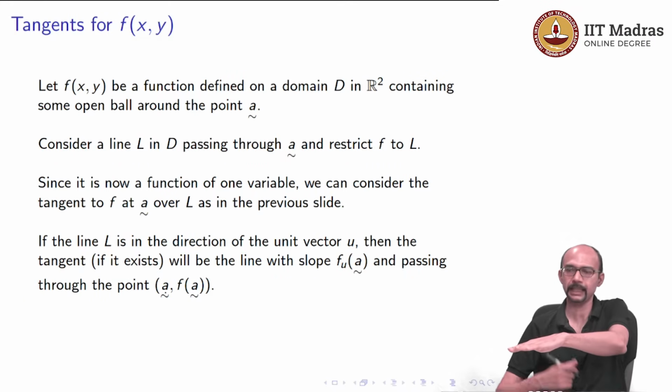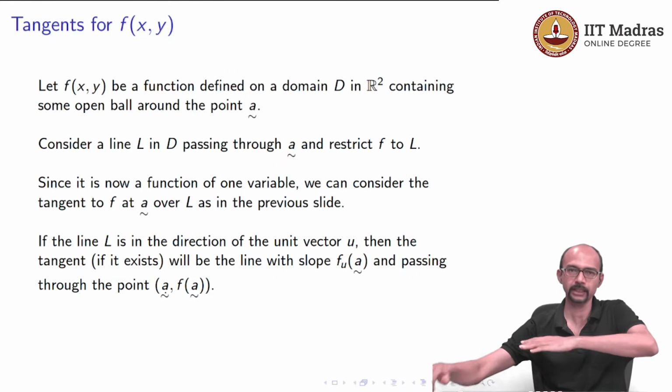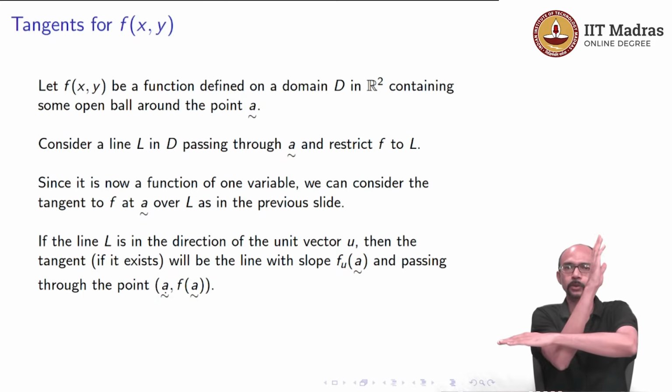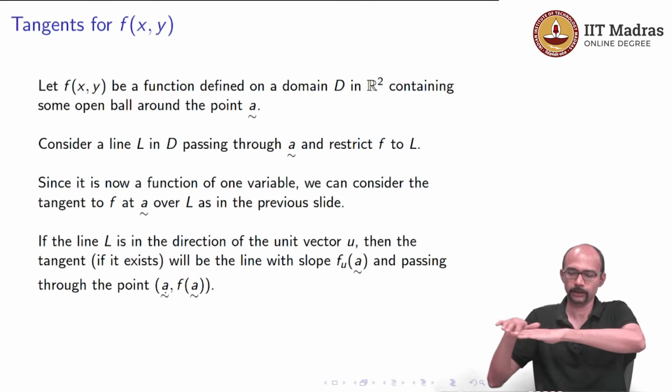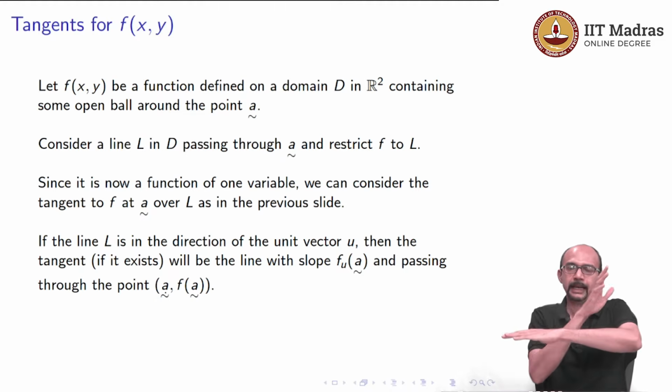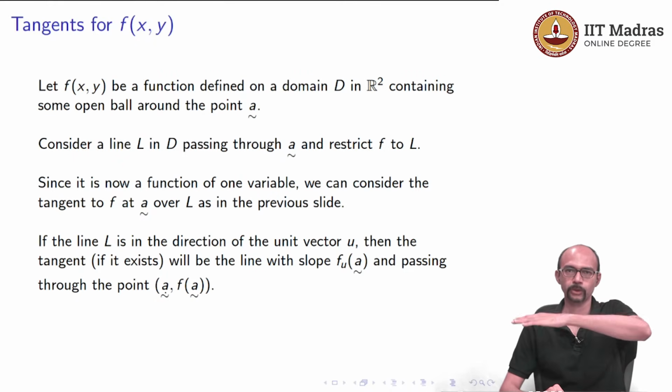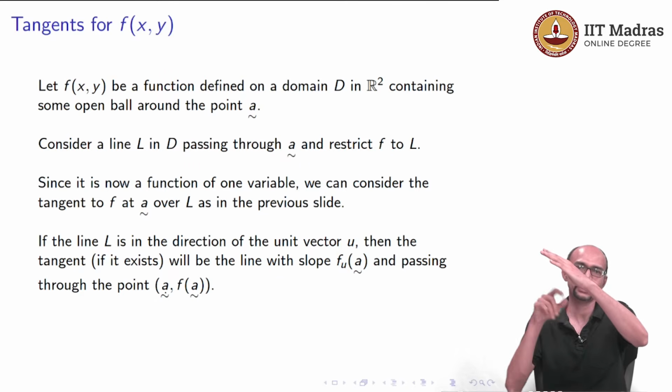So, if this is the line L, and earlier when we had the one variable situation, this was your x axis, this was your y axis, and so you had this line below, and the derivative was something like this. So, it was with respect to the x axis. When we took the derivative, it told you the slope, meaning the angle with respect to the x axis.